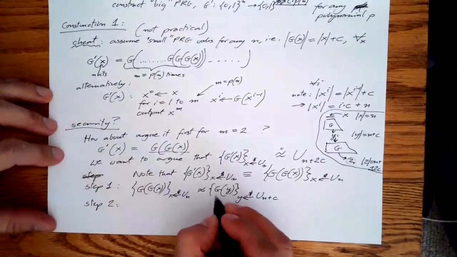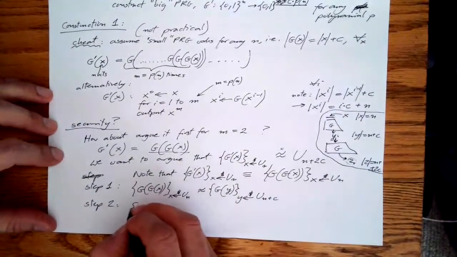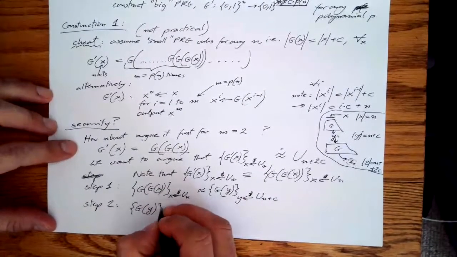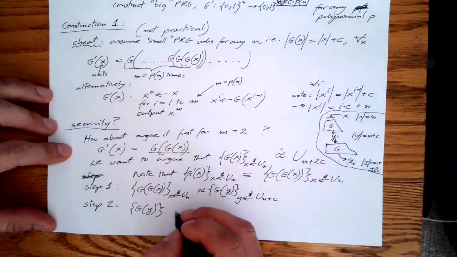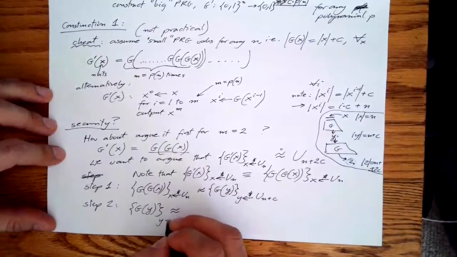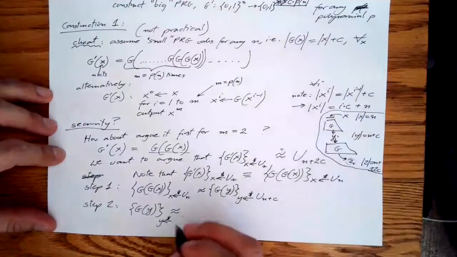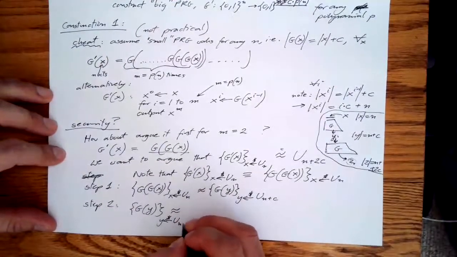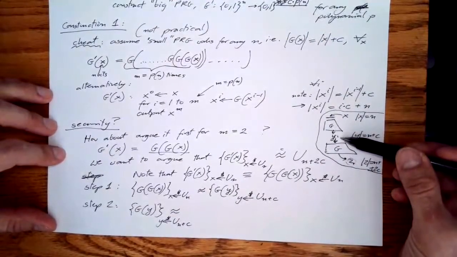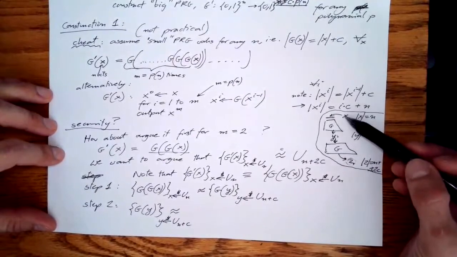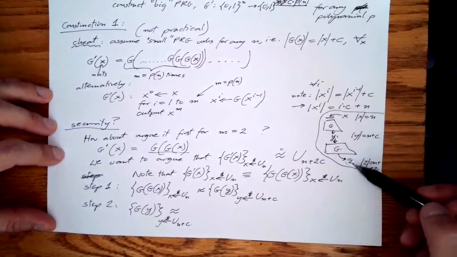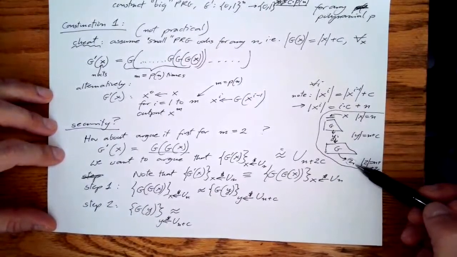Step 2, look at this distribution now. If I pretend that my intermediary bits are fully random rather than output by a G operation, would it be easy to argue that this output is pseudo-random?